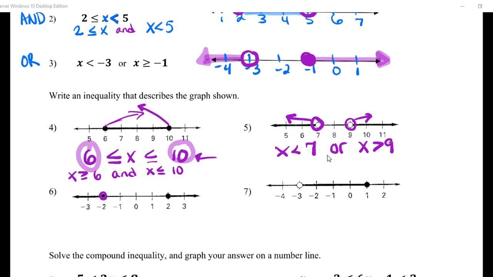Okay, for 6, we have x is less than or equal to -2, or x is greater than or equal to +2. So think, if they're shaded in the tails, it's an "or" inequality, like oars for a little canoe. This or that.